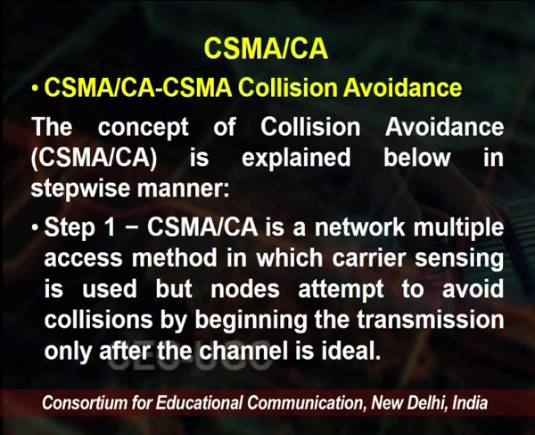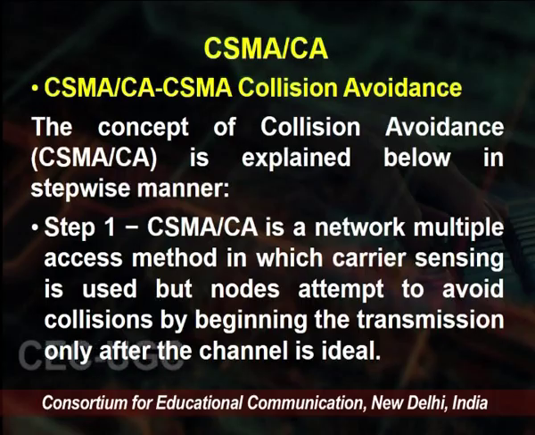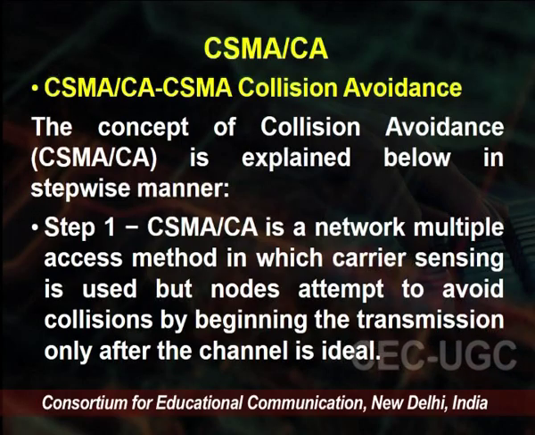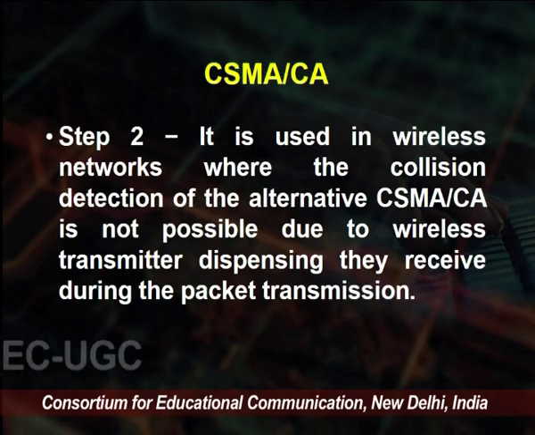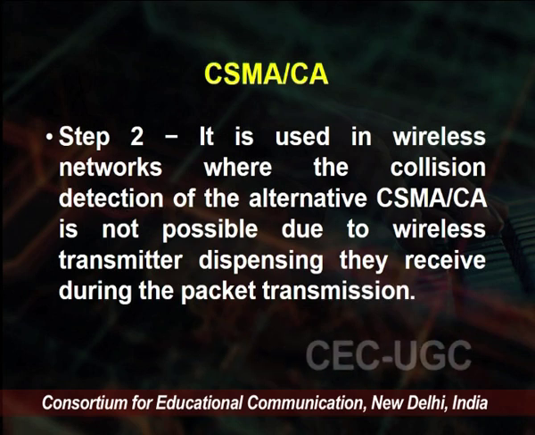It is a network multiple access method in which carrier sensing is used, because we are talking about CSMA, but the nodes attempt to avoid the collision by beginning transmission only after the channel is idle. So, the basic agenda of stations here is to try to avoid the collision. CSMA CA is used in wireless networks.